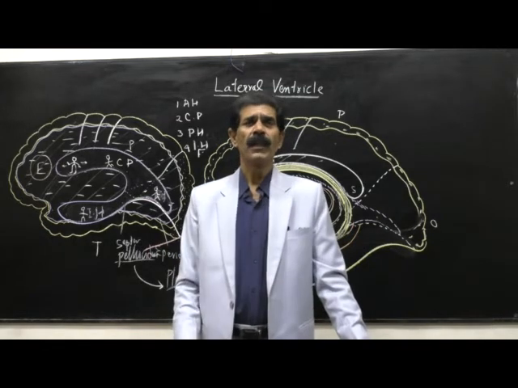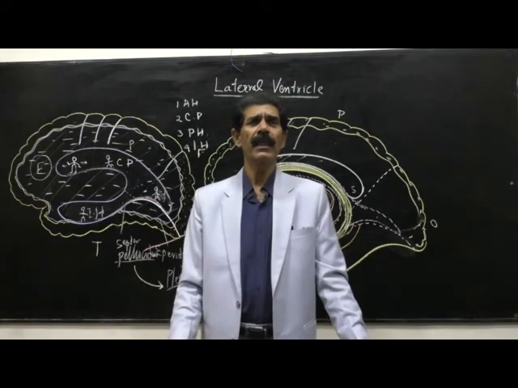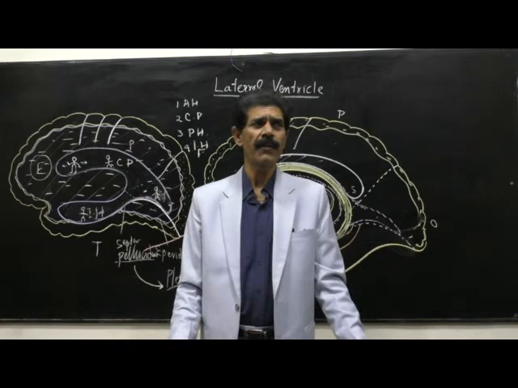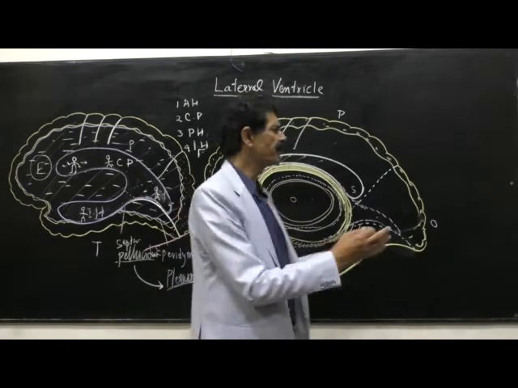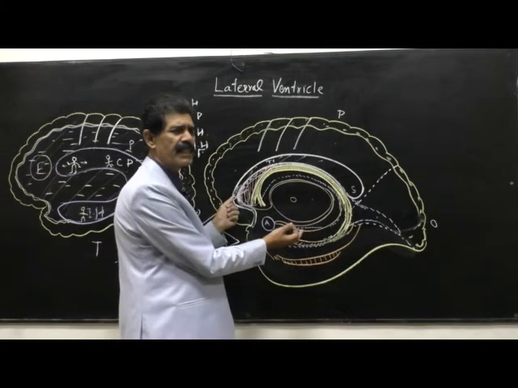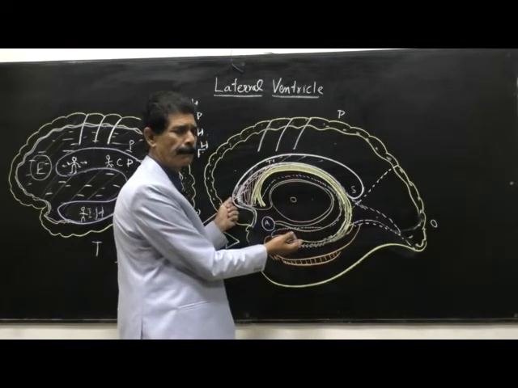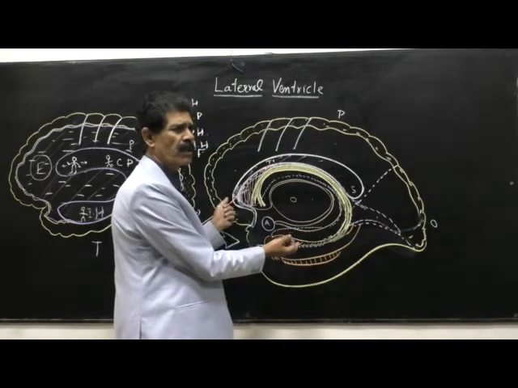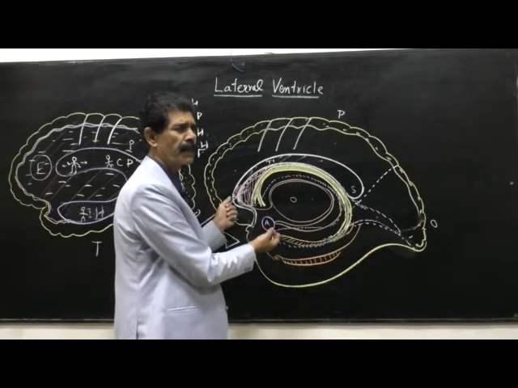Second thing, whenever you have to explain any part of the lateral ventricle, any horn, there are two pictures. One is the medial aspect: this is the sagittal section of the cerebrum or the corpus callosum, showing the medial surface of the cerebrum.